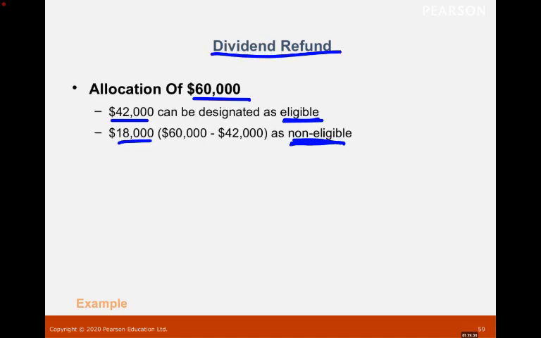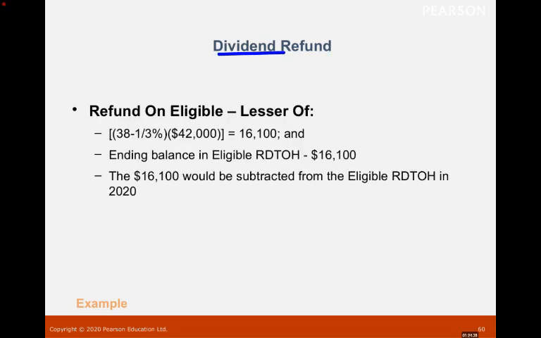For eligible is the 42,000 paid. So 38 1/3 is the rate, the refund rate. Remember, it's the exact same as the taxed rate. So 38 1/3 on the 42, the lesser of that, and the ending balance that you have. In other words, we only have this in the pot for eligible refundable dividend tax on hand.